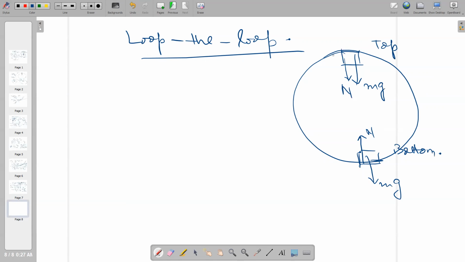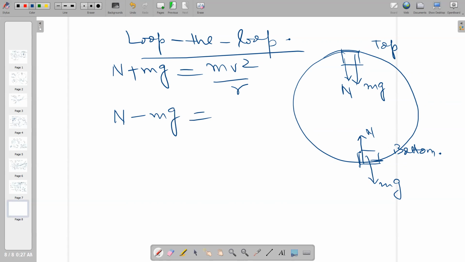Now we want to write the equation at the top and at the bottom. How can we write the equation? At the top, N plus mg is equal to the centripetal force, which is responsible to keep it in a circular track. At the bottom, N is upward, mg is downward, and the net is mv square over r. So these are the two equations for this case.